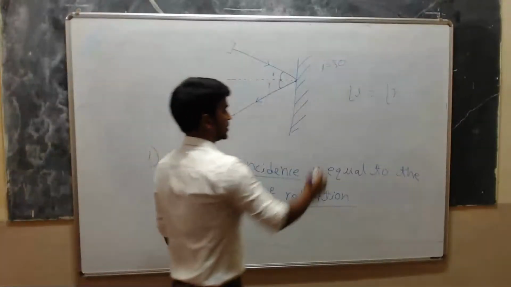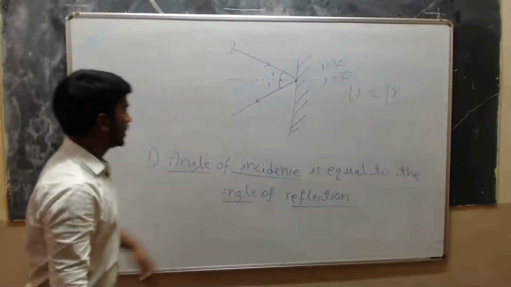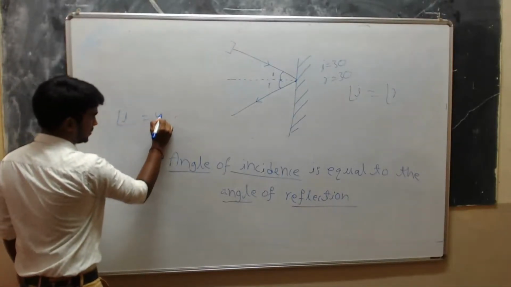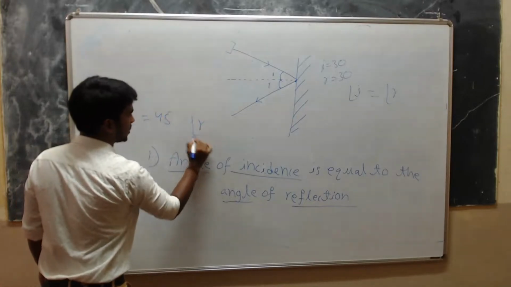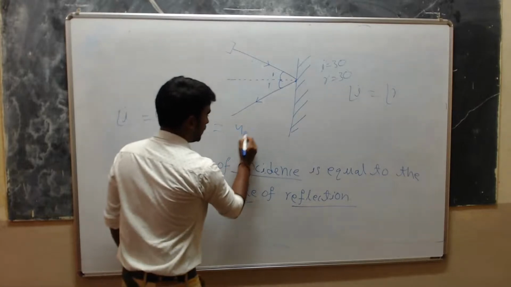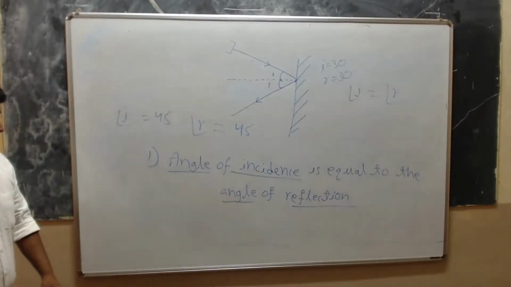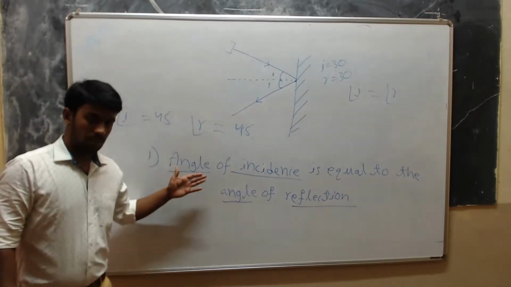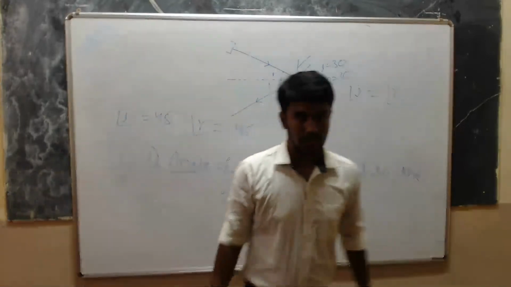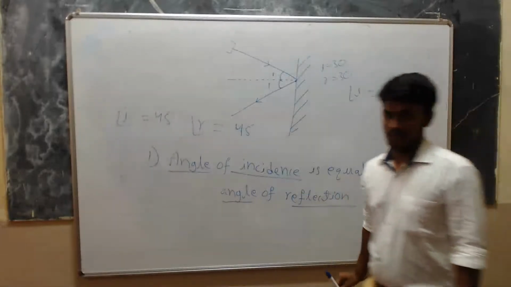It is also 30 degrees. Suppose the angle of incidence is 45 degrees. Then the angle of reflection is also 45 degrees. So hope you got an idea of the first law of reflection of light: the angle of incidence is equal to the angle of reflection.